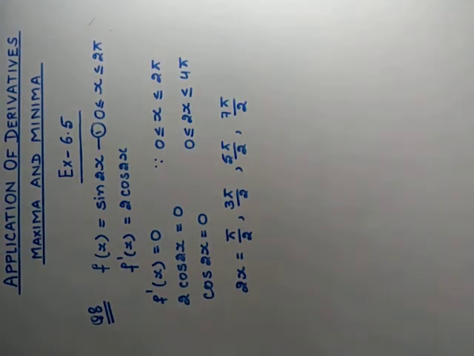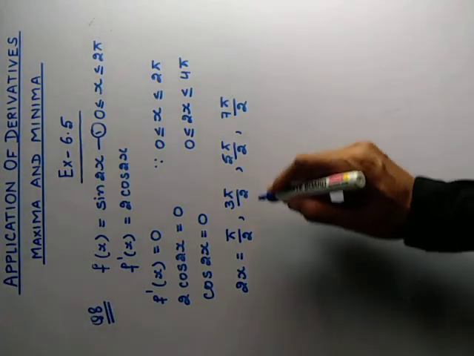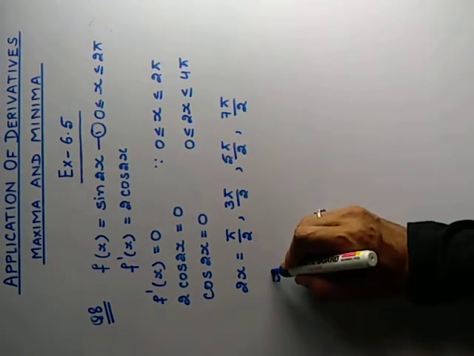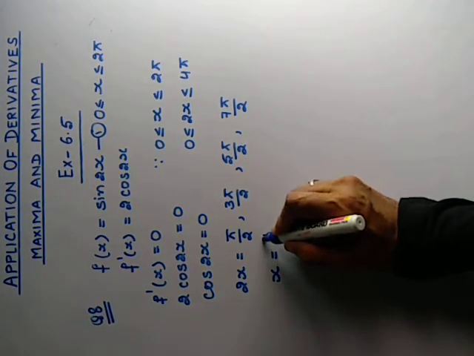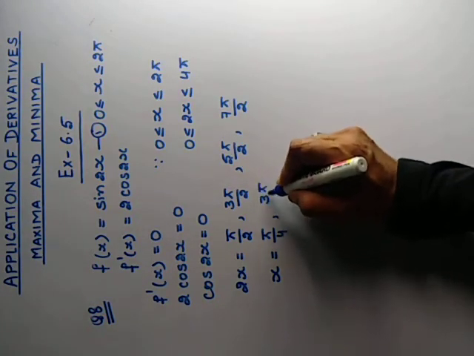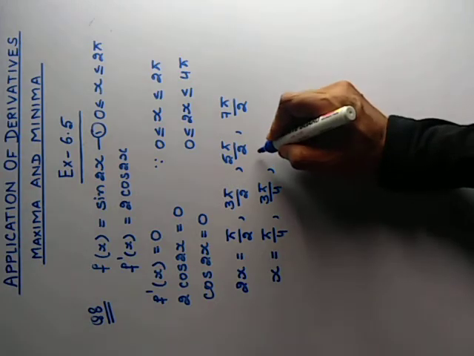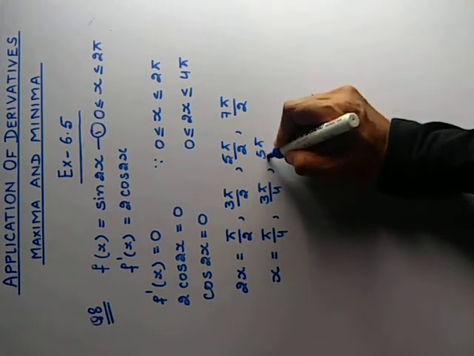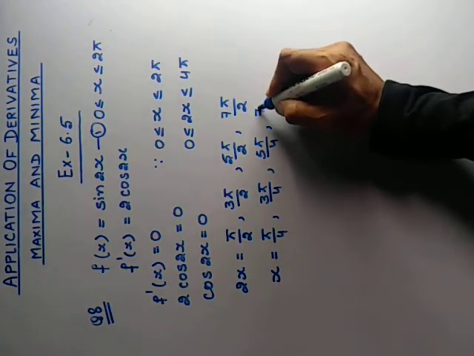If 2x is this, then x will be pi by 4, 3 pi by 4, 5 pi by 4, 7 pi by 4.